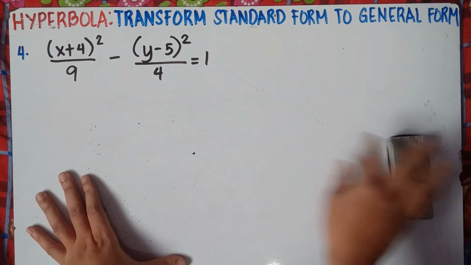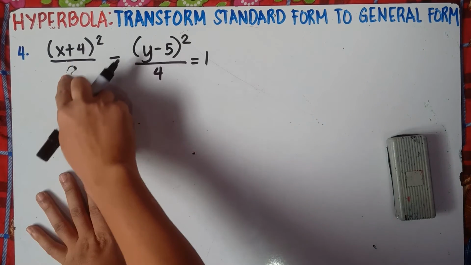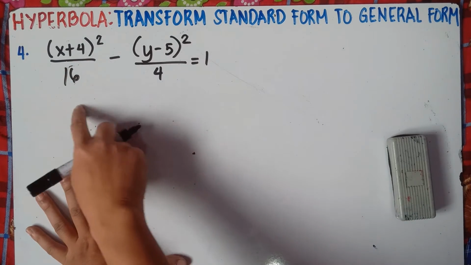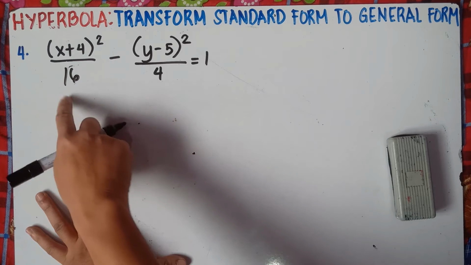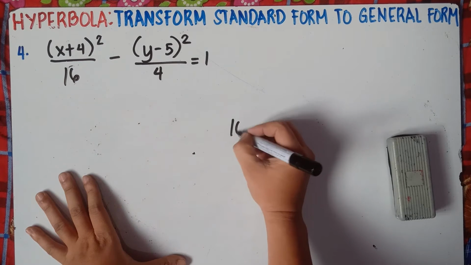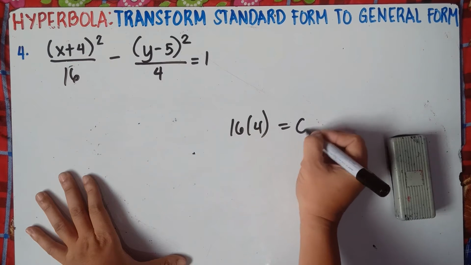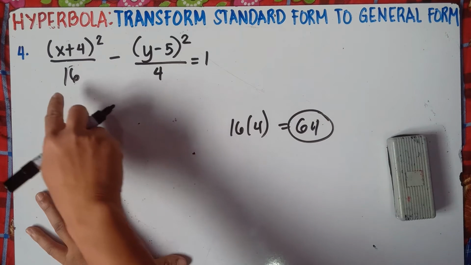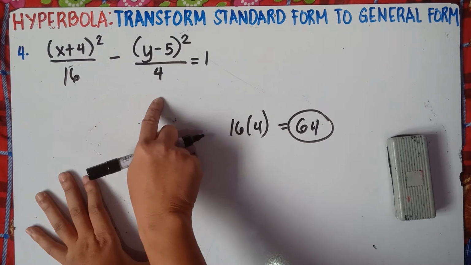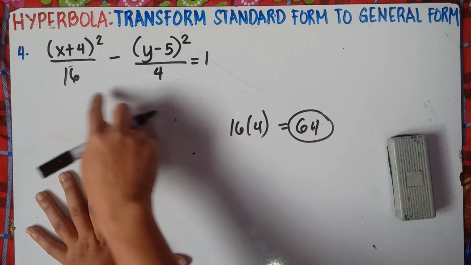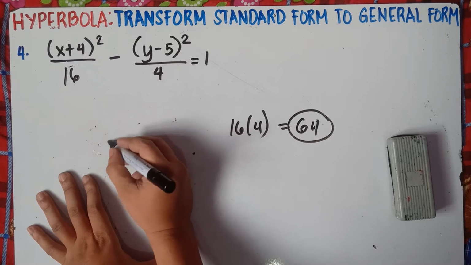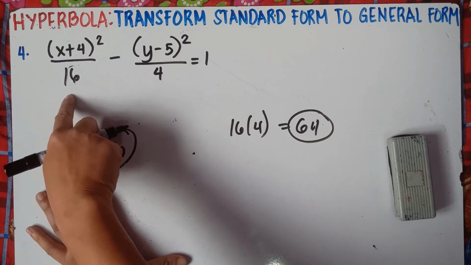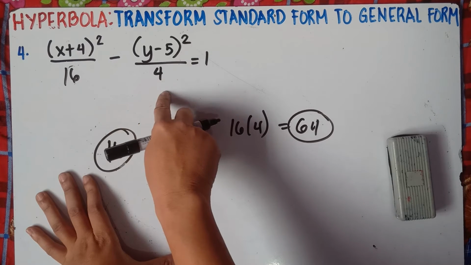Once again, not all. Because if this is 16, class, just for example, what will be the LCM of 16 and 4? Of course, you will not multiply 16 times 4, because that would be 64. But the LCM of 16 and 4 is only 16, because we can divide 16 by 16, which is 1, and 16 by 4, which is 4.